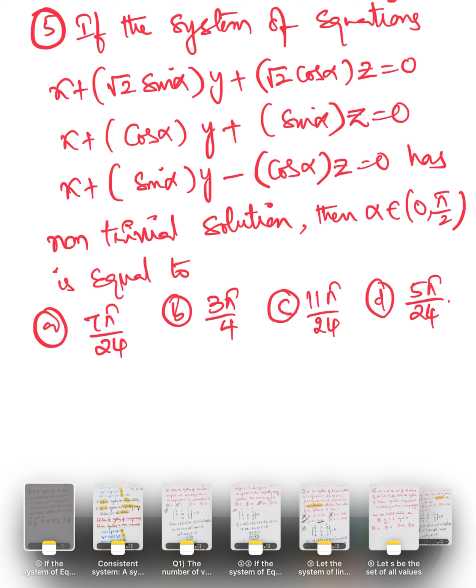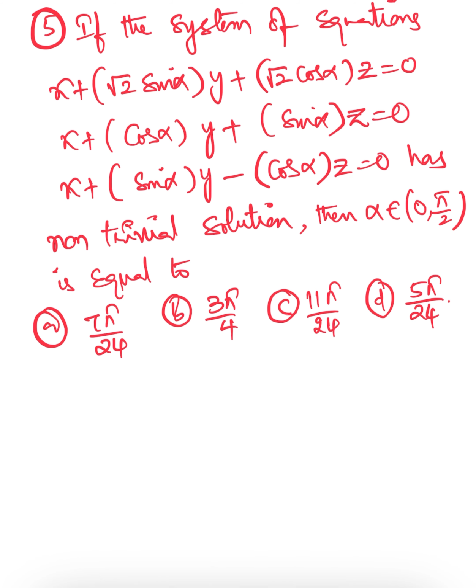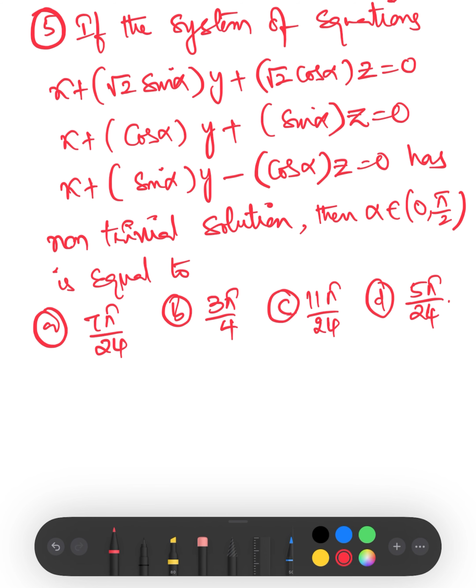The question is completely related to alpha, and alpha is in the first quadrant. Even though it is in the first quadrant, this is a non-trivial solution. In case of non-trivial solution, delta, that is det A, equals 0, and alpha in the open interval of 0 to pi by 2 only we have to consider.